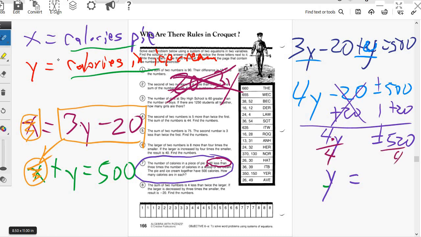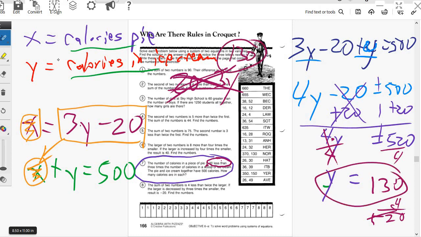What you do to one side, you do to the other. Opposites cancel out. So y is equal to 130, right? So I believe. If you multiply by 4, because that's the inverse, you should get 520, and I do. So I know y, the calories in ice cream, will be 130.